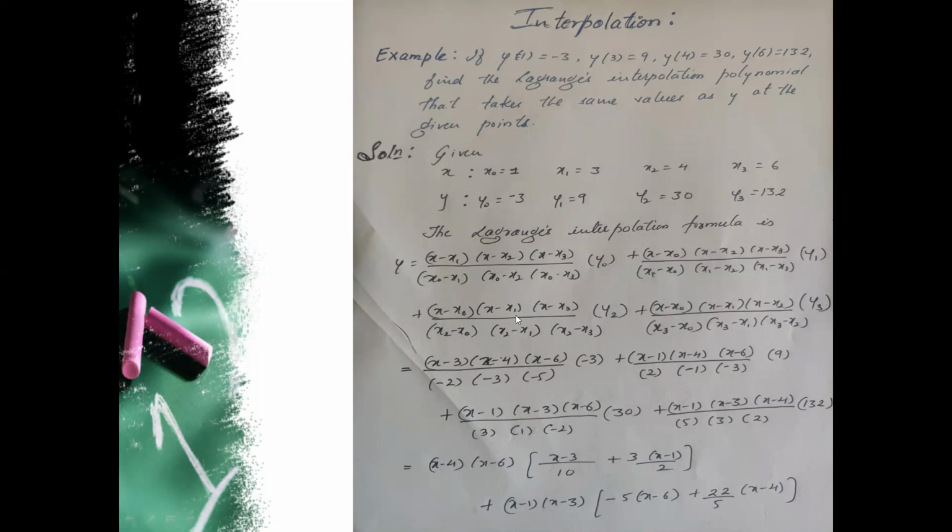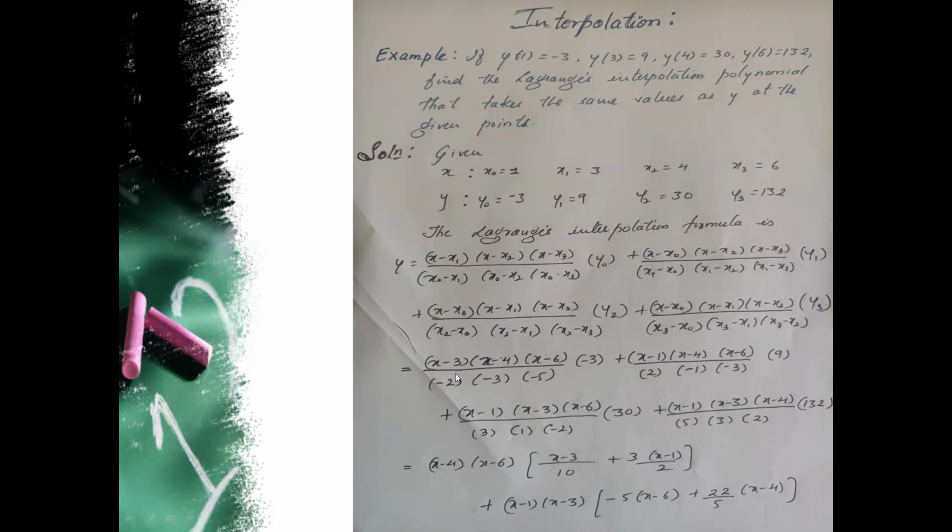Similarly, in the third term, x minus x2 is missing in the numerator and in the denominator, x2 minus each of the values of x multiplied by y2, and in the last term, x minus x naught, x minus x1, x minus x2, we have skipped x minus x3 here, and the denominator is x3 minus each of the values, that is x3 minus x naught, x3 minus x1, x3 minus x2 multiplied by y3.